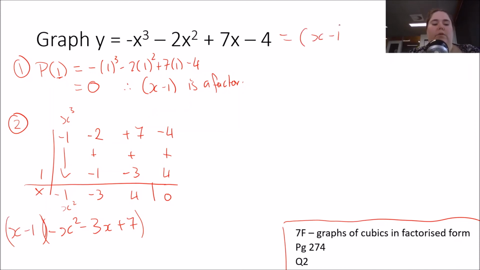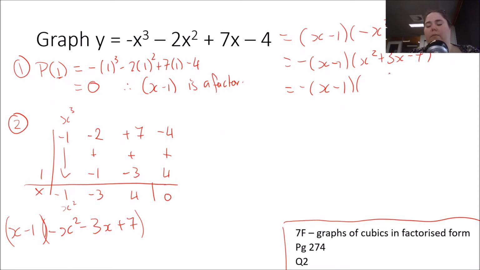So then we want to do a couple more steps to fully factorize him if we can. Right, I'm going to take a negative out because he's kind of dirty and not working for me. Plus 3x minus 7. So now two things multiply to get me negative 7, add to get me 3. 7 and 1.